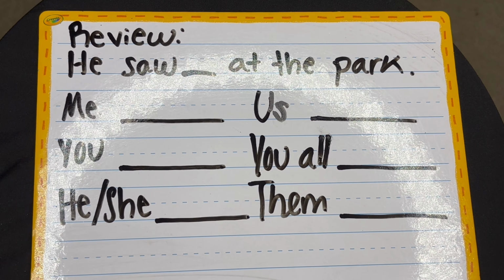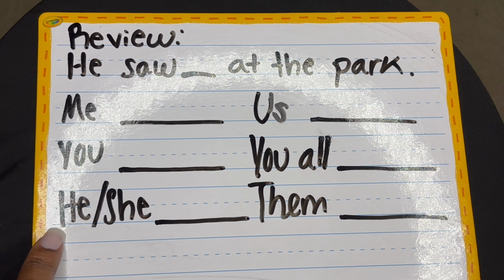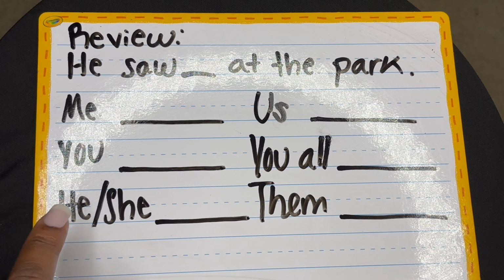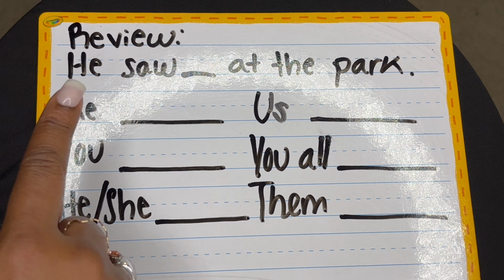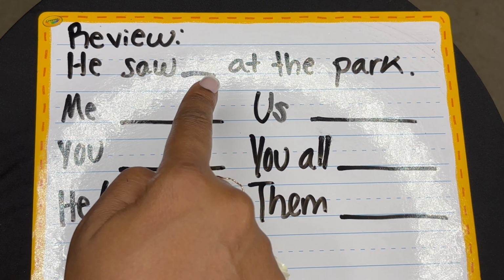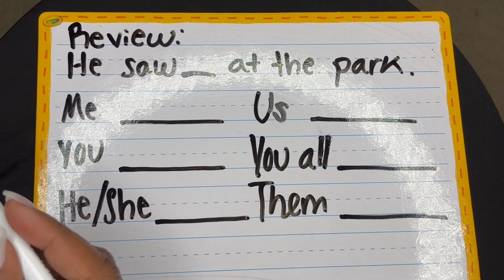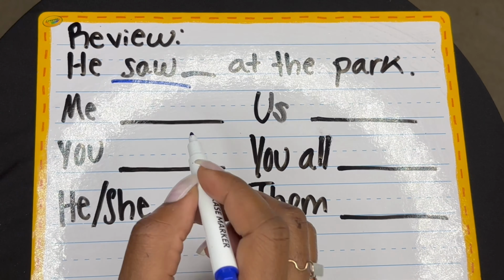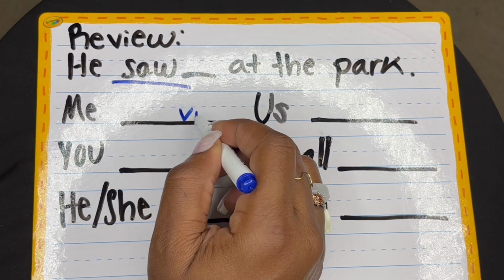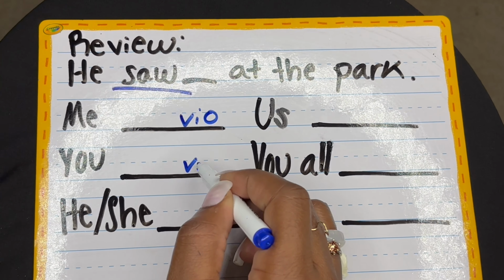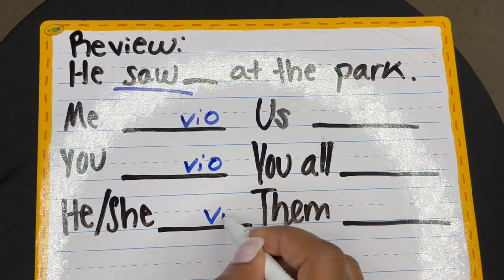All right. Here's the review. We have the same example, but different direct object pronouns for each one of these, okay? He saw blank at the park. Now remember, our verb is he saw, and then we are going to conjugate that to vio. El vio. He saw.